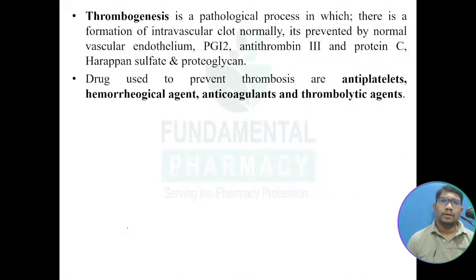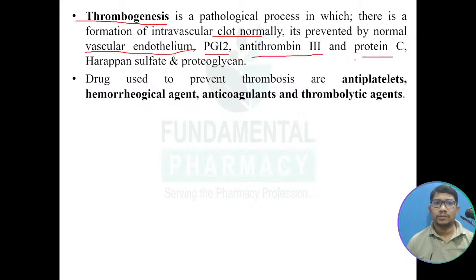Again, now we have seen what thrombogenesis means. Thrombogenesis means a pathological condition where there is formation of a clot inside the blood vessel. Normally, if a clot forms inside the blood vessel, that is a pathological condition known as thrombogenesis. It is prevented by the normal vascular endothelium, the inner layer of the blood vessel, which is smooth. Also prostaglandin I2, PGI2 prostacyclin, antithrombin 3, protein C, then heparan sulfate and proteoglycan.